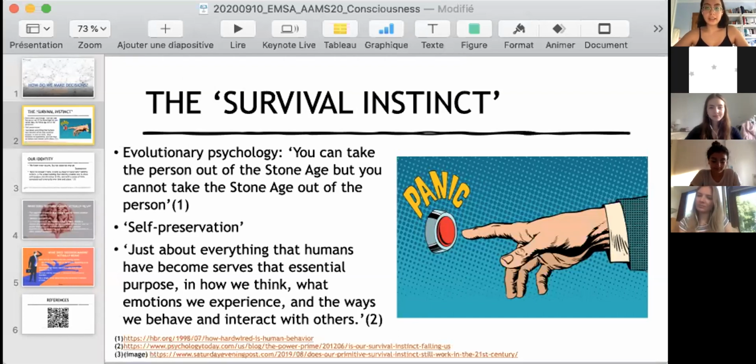Okay, wonderful. Yeah, the survival instinct. I found this quote really funny, so that was what I was talking about.